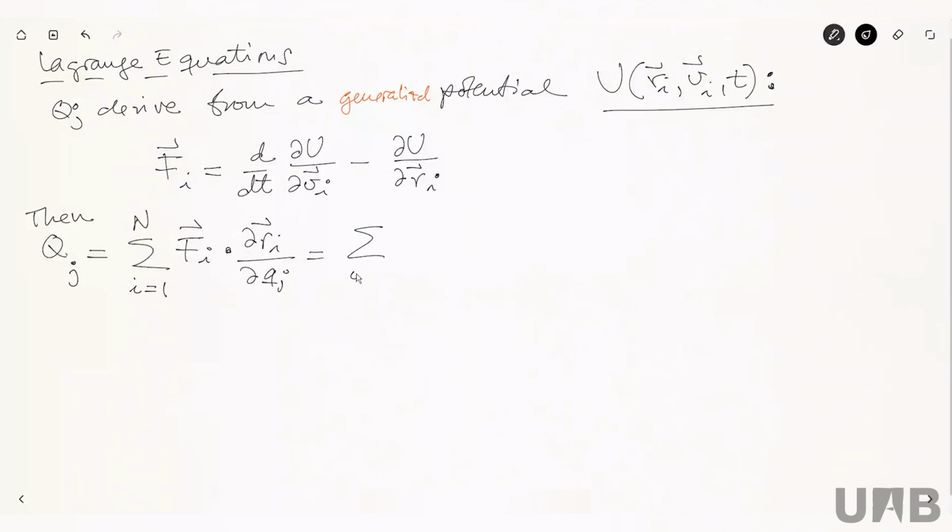And now I'm using the expression in terms of the generalized potential: the sum from i equals 1 up to capital N of the derivative with respect to time of dU/dVi, minus the derivative of U with respect to Ri, times the derivative of Ri with respect to Qj. Okay, so that is nothing but using this expression in terms of the generalized potential in place of the force. Okay, that's exactly the same.